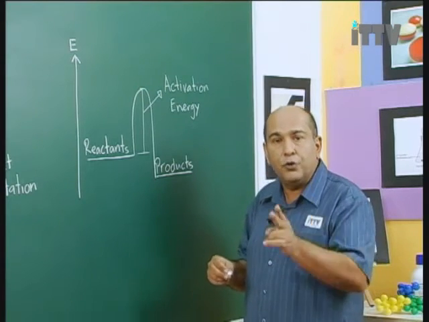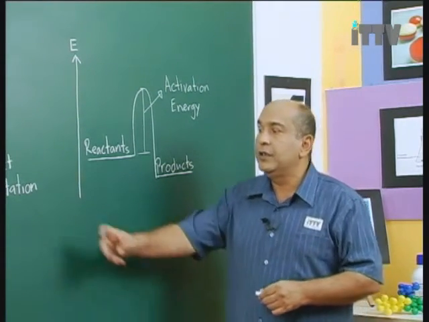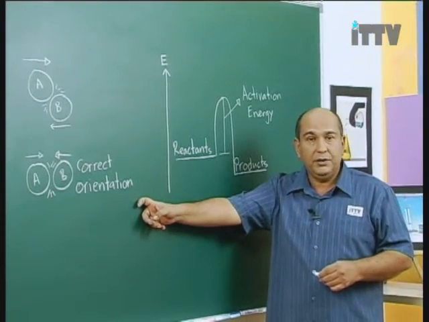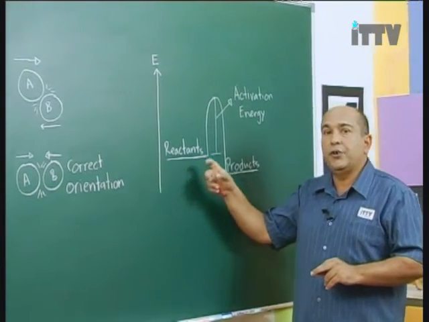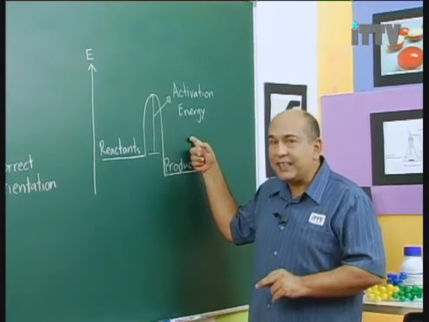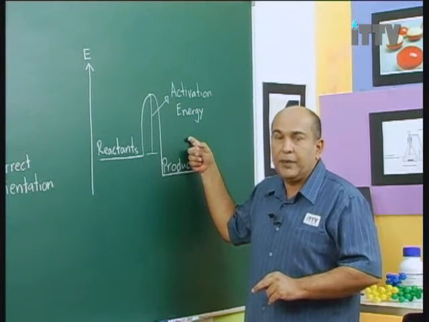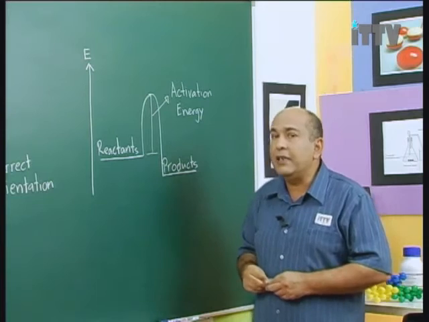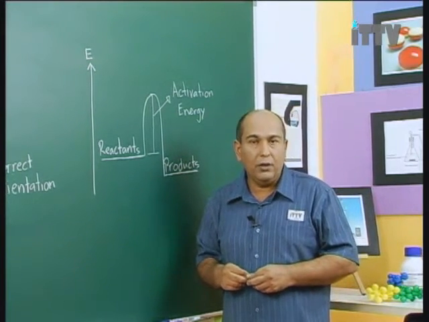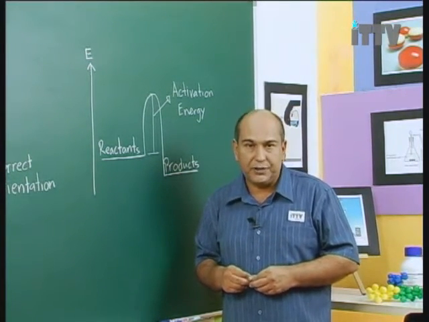So remember, the two things you need for an effective collision: correct orientation, and number two, you need to have enough activation energy. If you have both of these, then you will have what we call an effective collision.